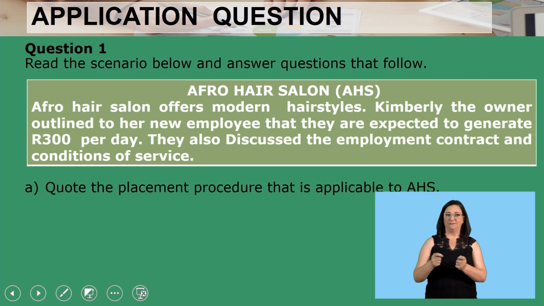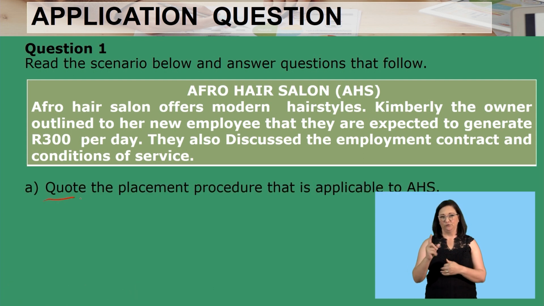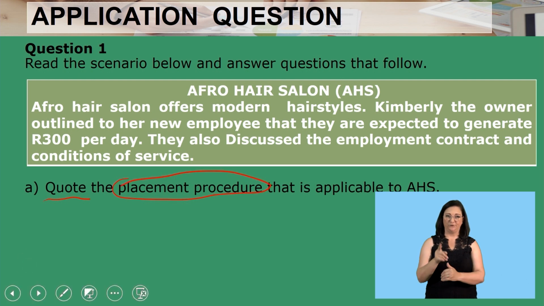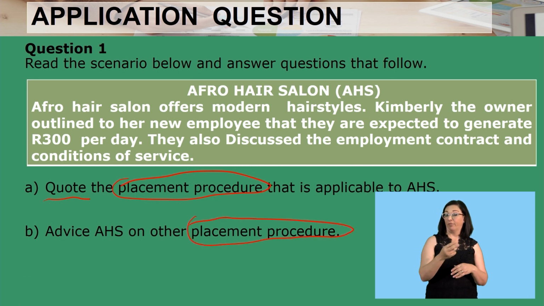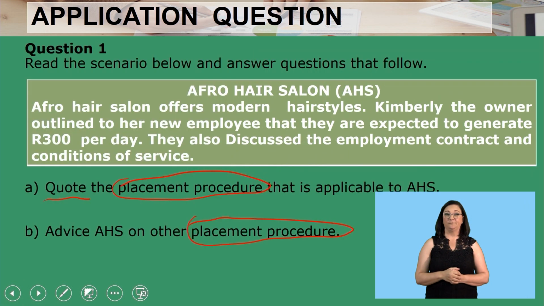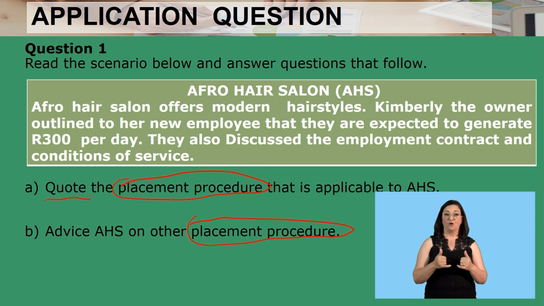Right. The first question says, quote the placement procedure that is applicable to AHS. Second question, advise AHS on other placement procedure. So it's basically two questions. Here is the general or standard rule. When they say quote the placement procedure, they're basically saying take it word for word from the scenario.